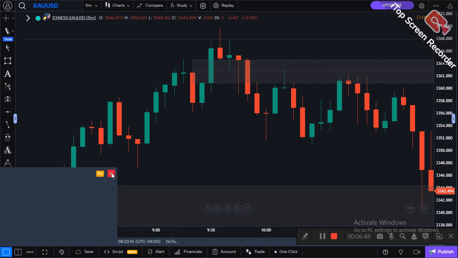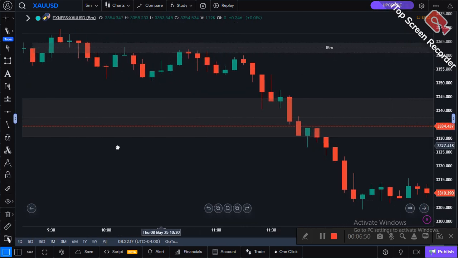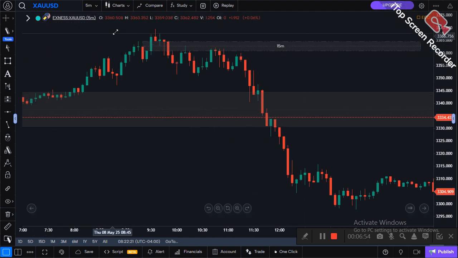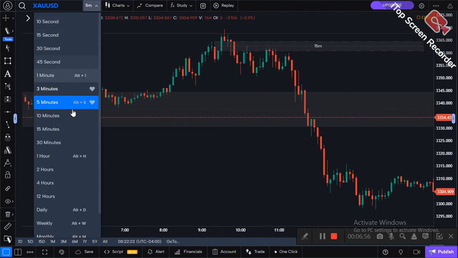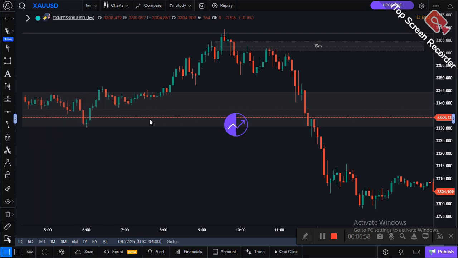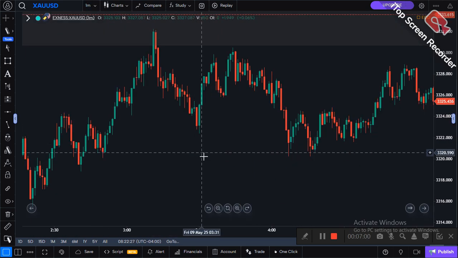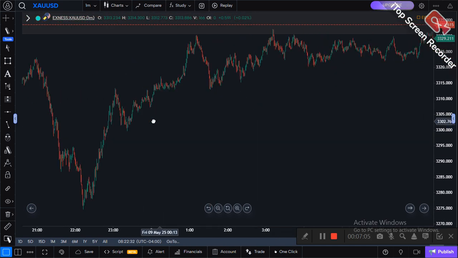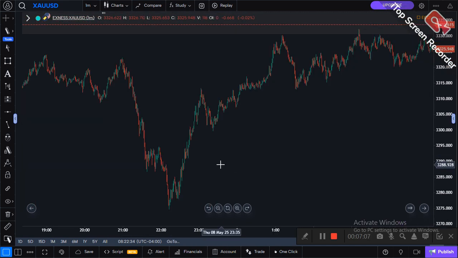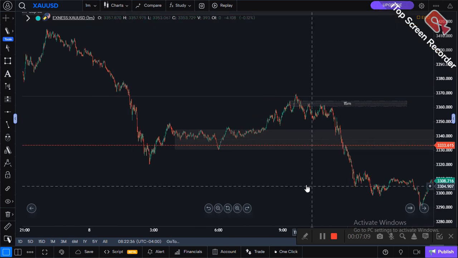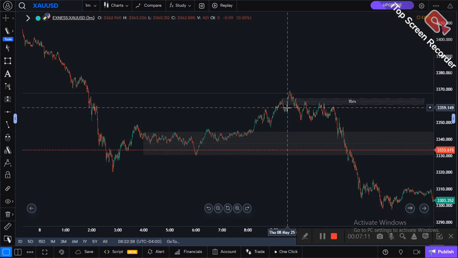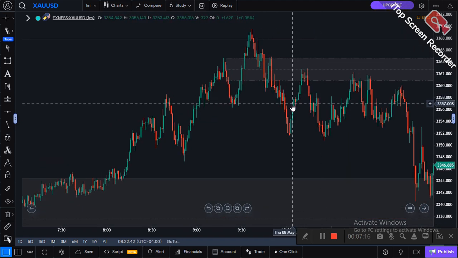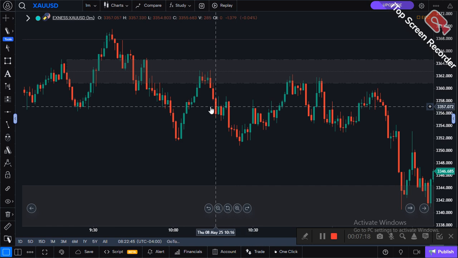Let's say you're not taking that entry. You want a more specific entry point, and a lot of you want to take much smaller risk. So I personally do the same thing in 1 minute, because I want a more specific entry and a smaller stop loss.